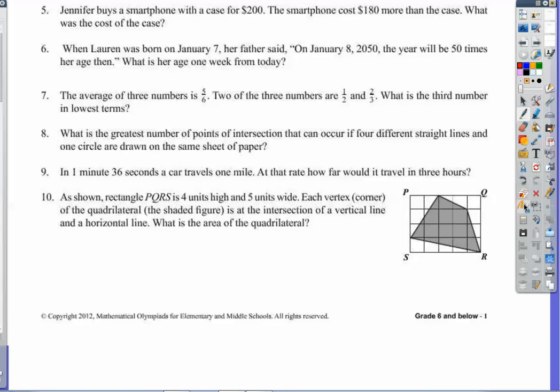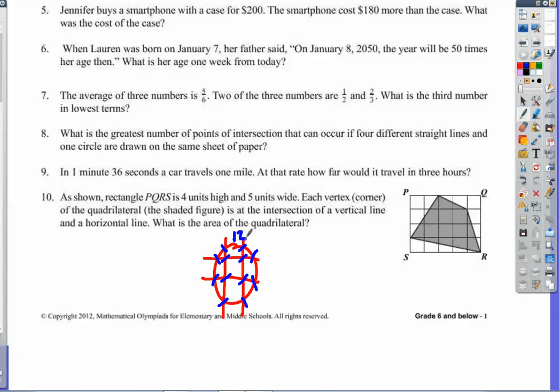So the first thing I would do is let's just make a tic-tac-toe board. And let's make a circle going around it. So let's see how many intersections I have. 1, 2, 3, 4, 5, 6, 7, 8, 9, 10, 11, 12. Okay, so that's 12.